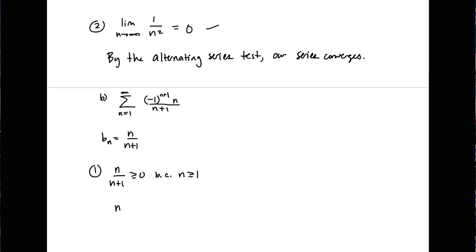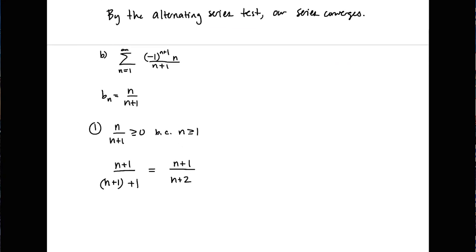Next, we need to verify that (n plus 1) over (n plus 1 plus 1), the next term in the sequence, should in fact be smaller than our n over n plus 1. This ends up being n plus 1 over n plus 2, which is n over n plus 2 plus 1 over n plus 2.